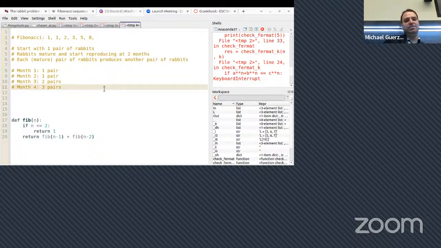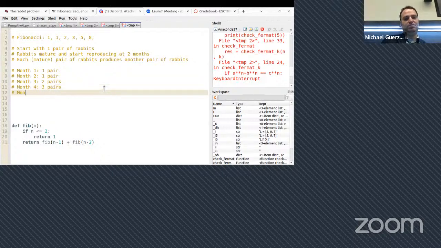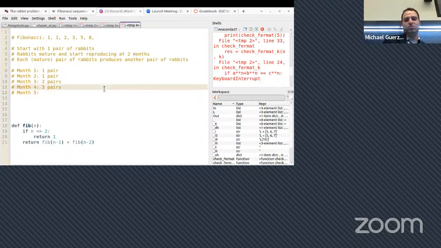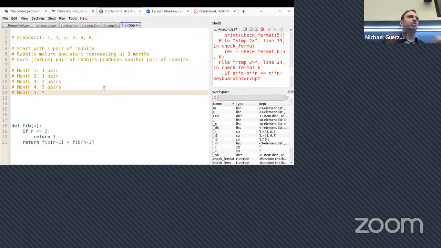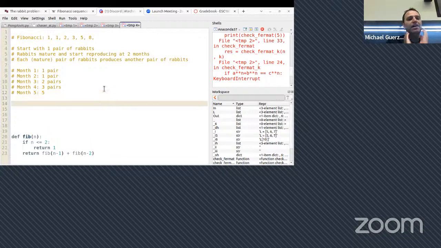Then next time, over here you have the two that are not mature, but everything else is going to reproduce. So 2 plus 3. And so on. That's kind of the idea.